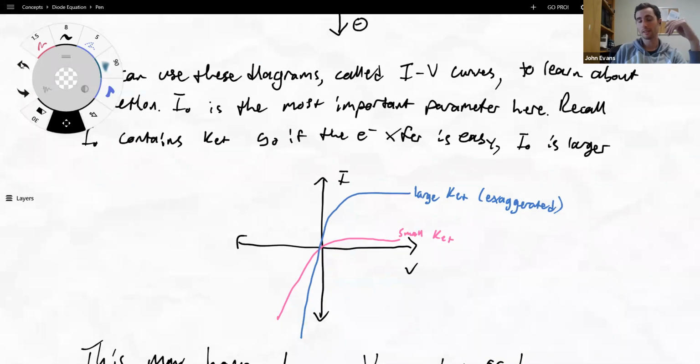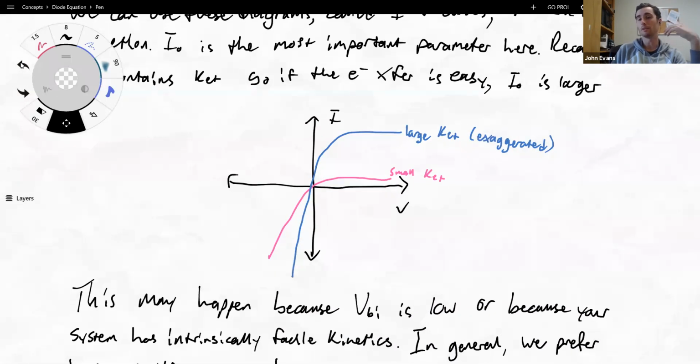You can also get this to happen if, say, your built-in voltage is really low, because then if VBI is low, the difference between the concentration of electrons in the bulk and at the surface is very low, which means that ratio is going to be rather close to 1. And so you get larger and larger I naught. Right?